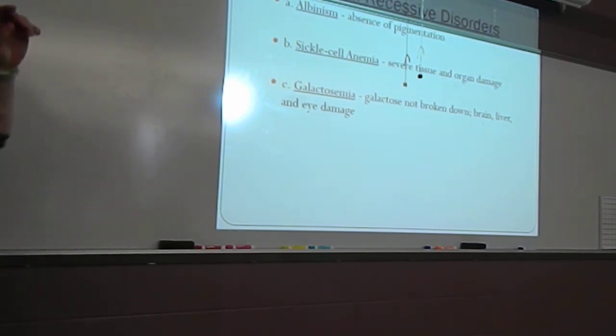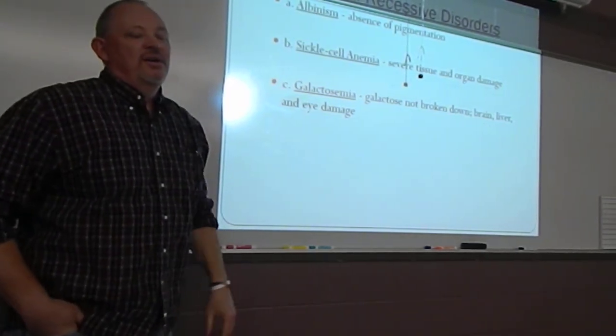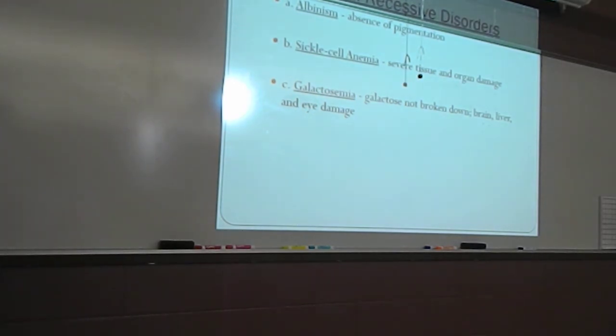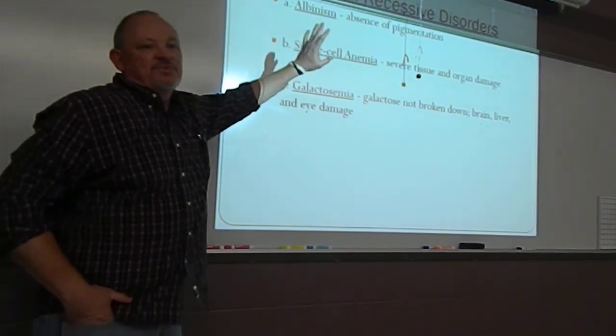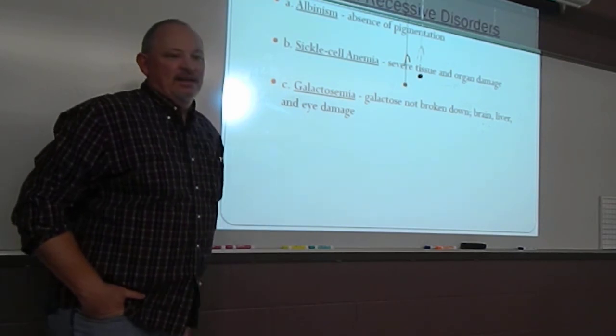It's called an autosomal recessive disorder. These are found on one of the pairs of homologs, 1 through 22. Those are the autosomes. And if you're homozygous recessive for that particular disorder, you get it.